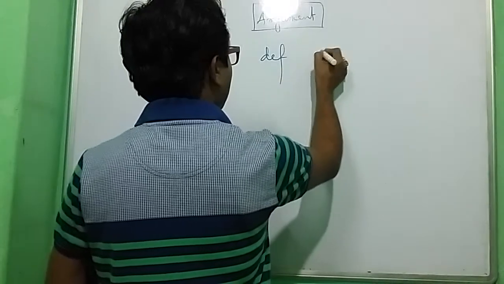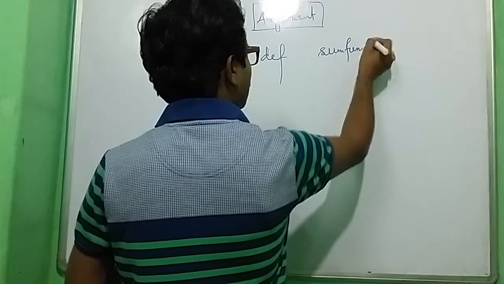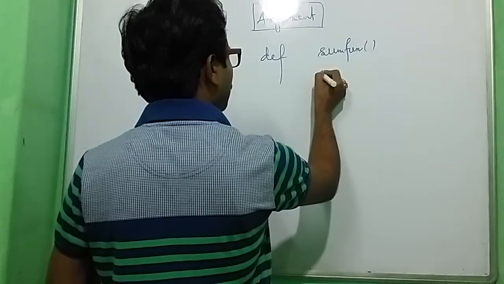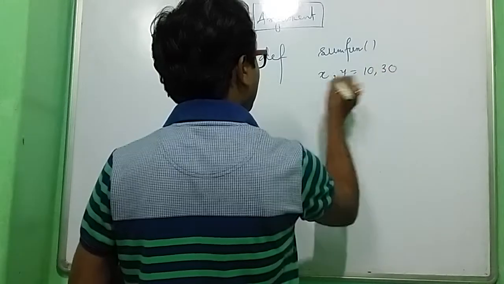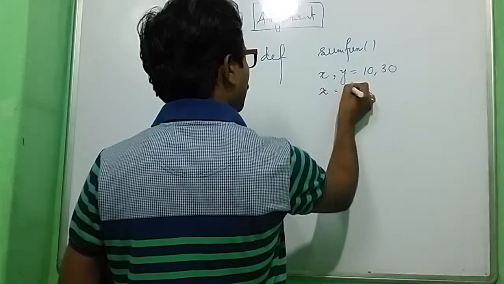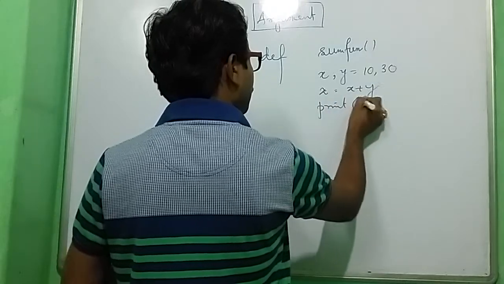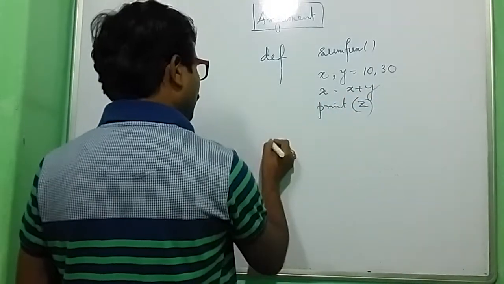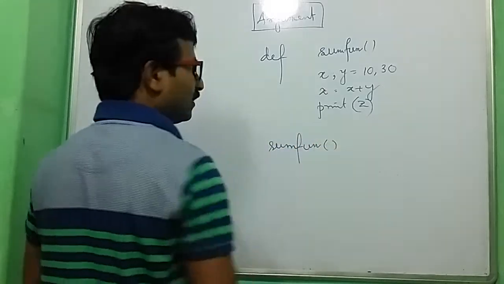Just continuing, see the previous example. Suppose we define some function, and let's say x comma y equal to 10 comma 30, and z equal to x plus y, and print z, and in the calling statement we used it like this.